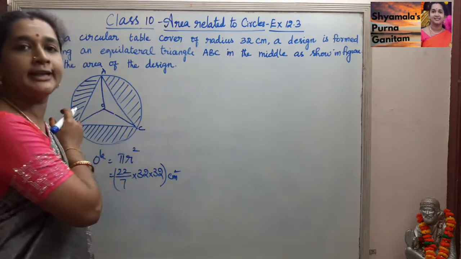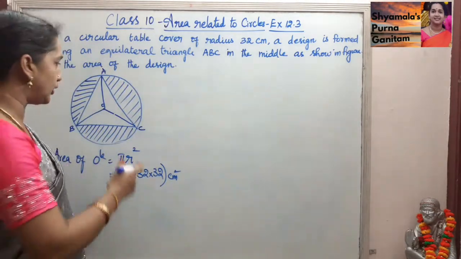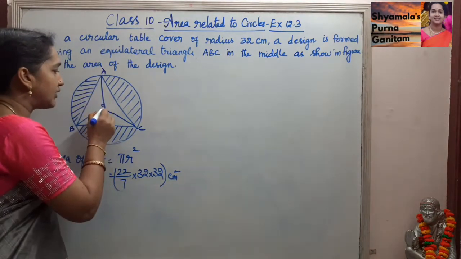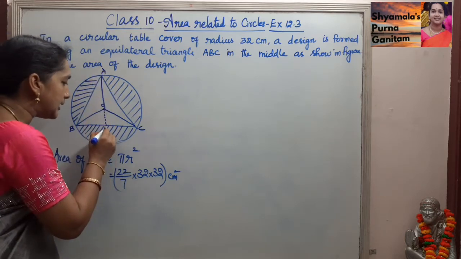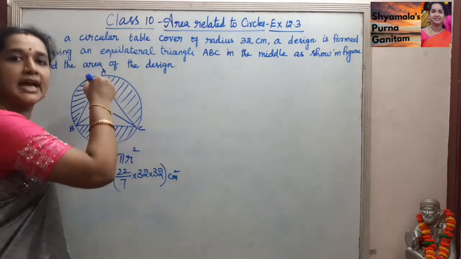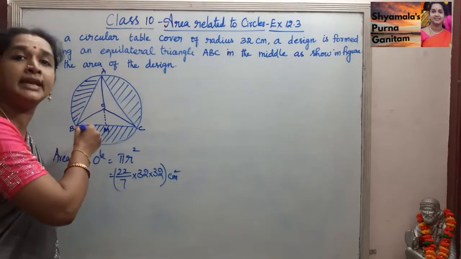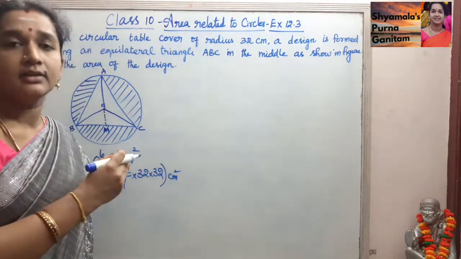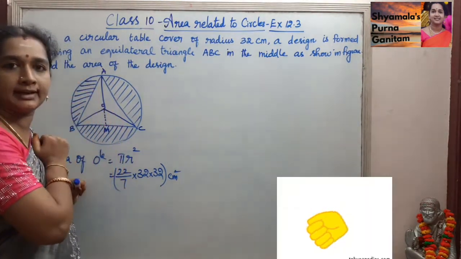Then for finding the area of the equilateral triangle, we need to know the side, as I told you. For finding the length of the side, we will extend this radius till AM, where M meets BC. AM is the median of this triangle, the median for the equilateral triangle.